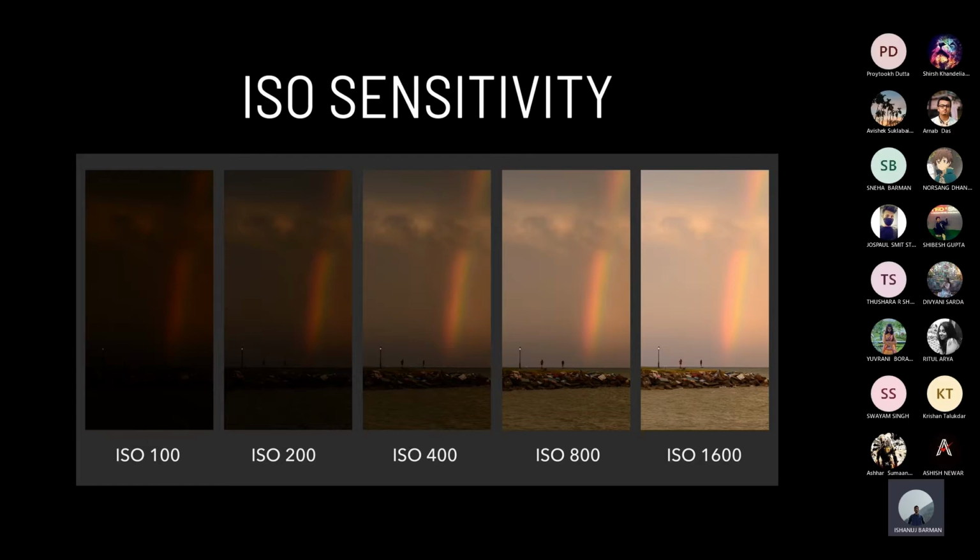If you are clicking astrophotography, like stars, for example, you'll have a shutter speed of around 30 seconds. There you can decrease the ISO to around 1000, so that you can at least get a crisper image. And at night also, it's preferred to keep your ISO low so that you don't get grainy pictures, and graininess is reflected very well in dark pictures, so that's why it's preferred there.